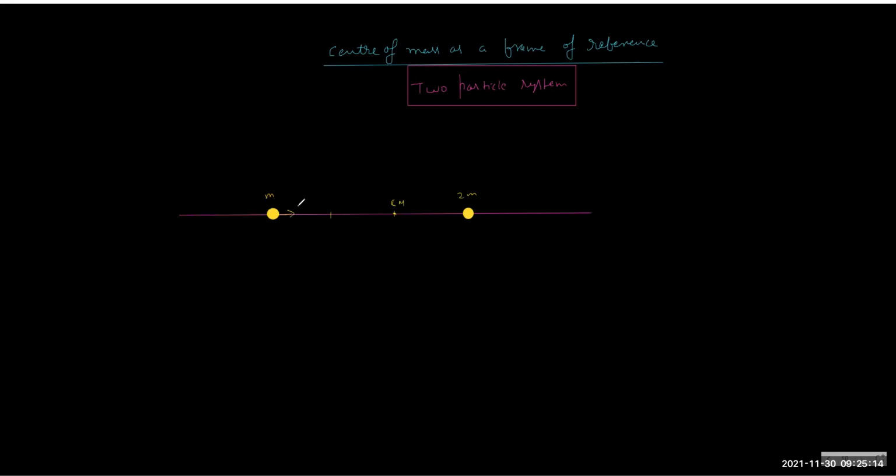Now let's say both are moving towards each other. After some time, the first comes here, the second comes here, then they come even closer. In fact, let's say they collide now.